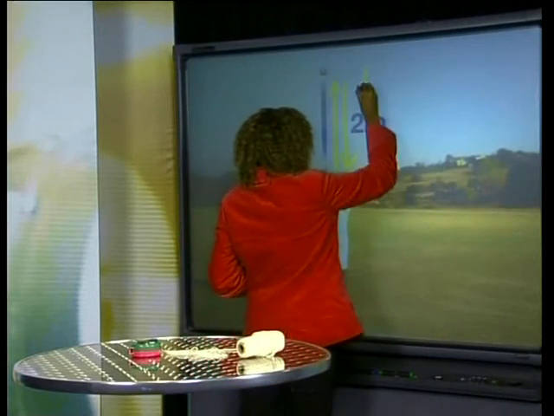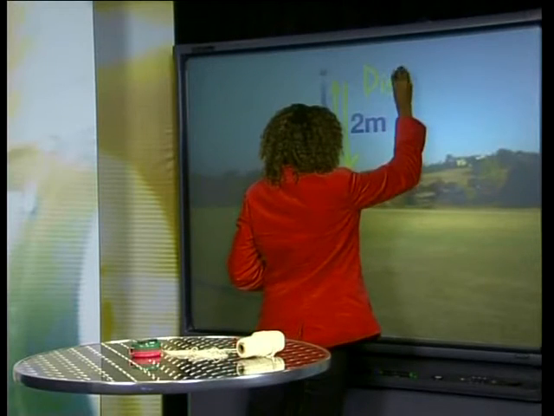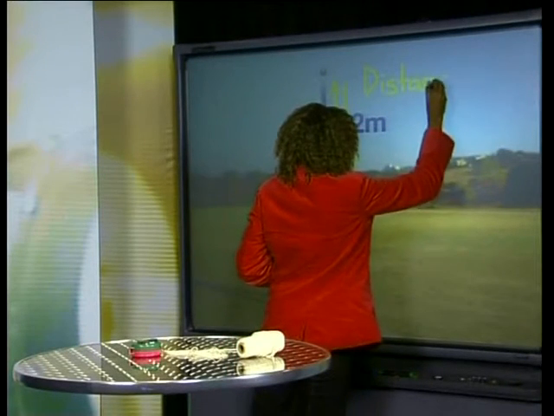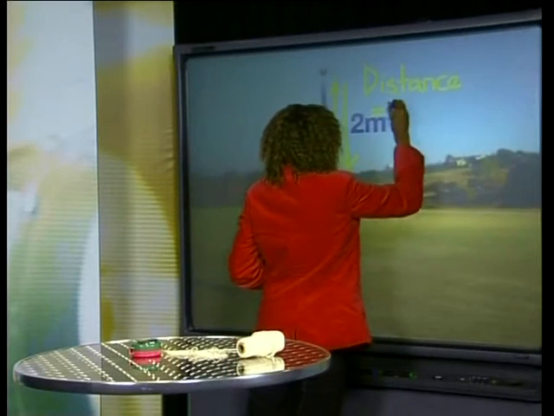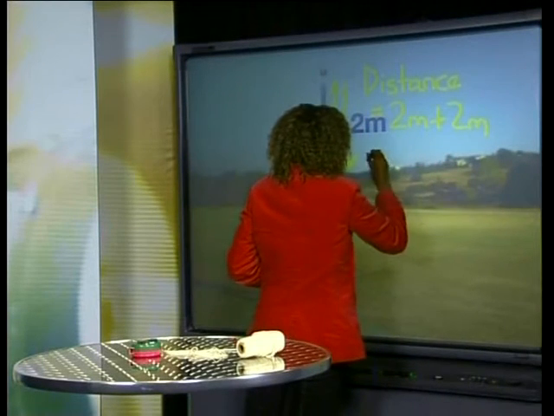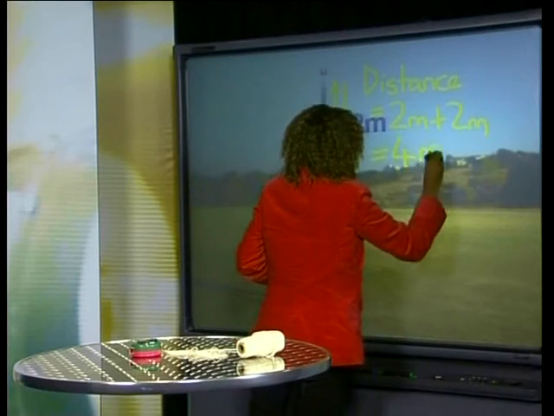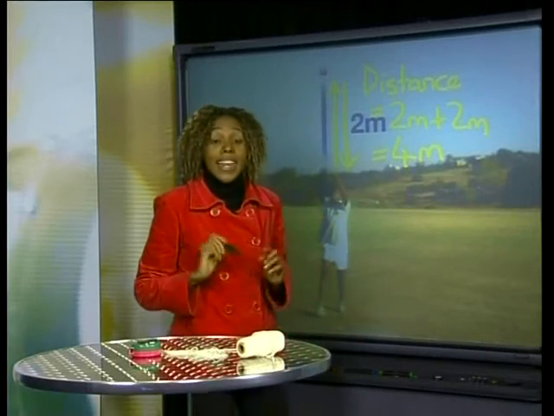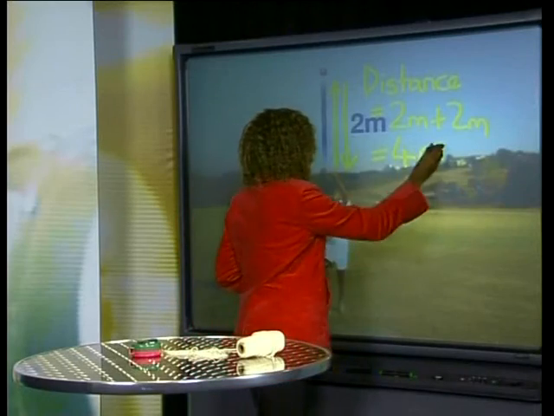In other words, the ball traveled a distance equal to 2 meters plus 2 meters, which is 4 meters. Unlike displacement, distance is a scalar because it only requires magnitude to be specified.